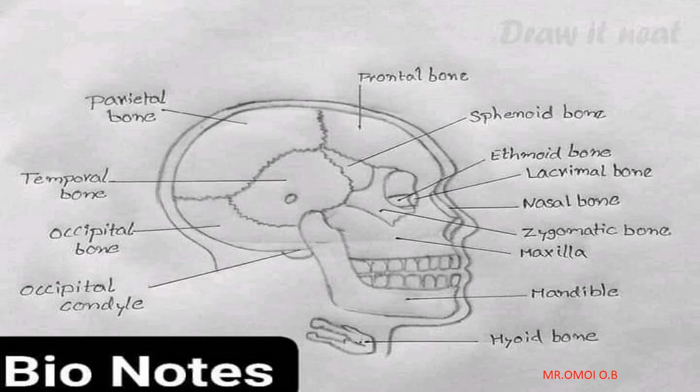Now the hyoid bone forms the voice box. Especially for men, you can see that it is visible, but in females it is not visible. So that bone that forms the voice box or the Adam's apple is called the hyoid bone.